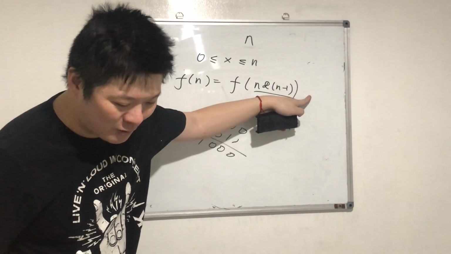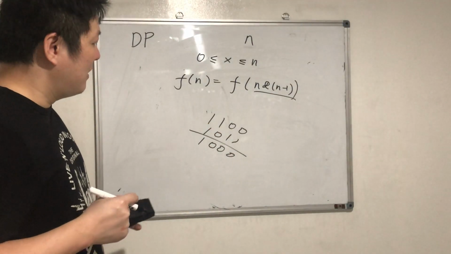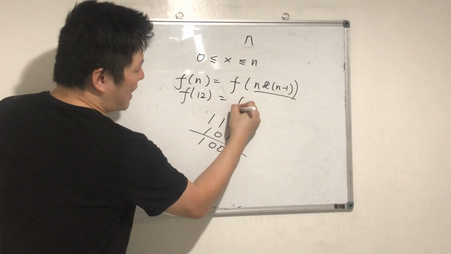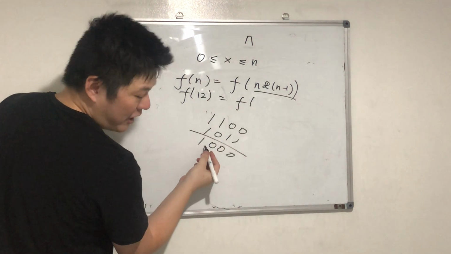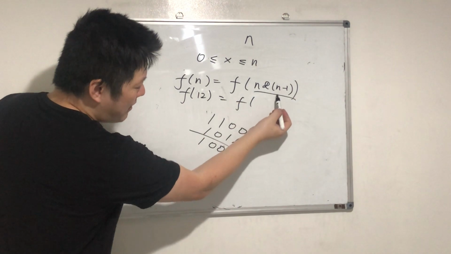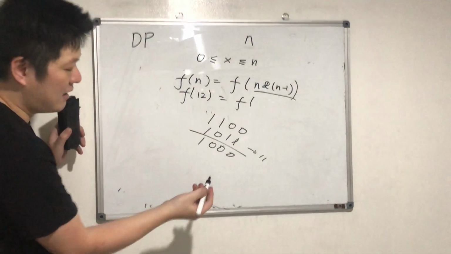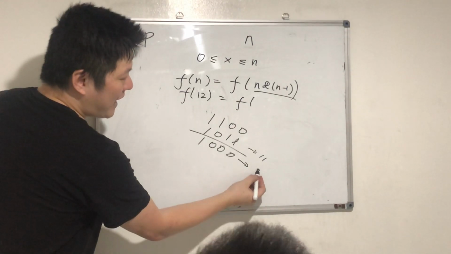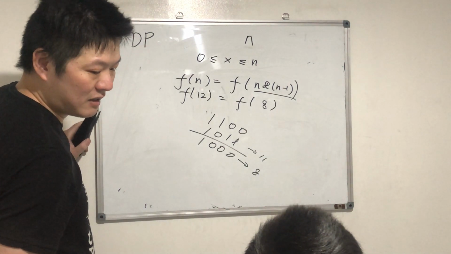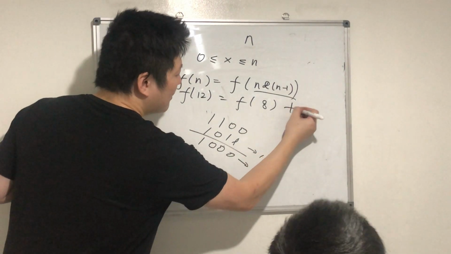So F12 equals F of what? 12 and n minus 1 is 11, and that will be 8, yeah? F8 is 1. Plus 1, come on.